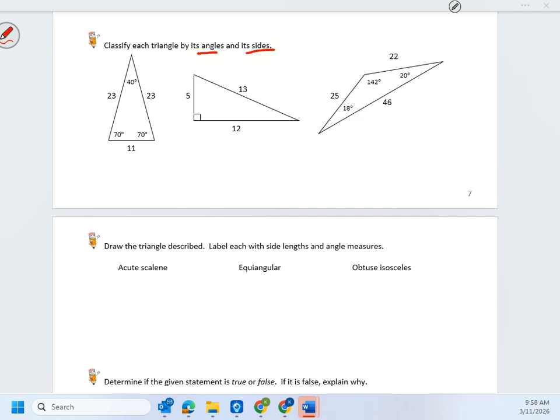So look at those angle names, those 4 angle names. They're all acute angles. Now I have to do its side name. Presley, what's its side name? Isosceles. Because all the angles are smaller than 90, I know it's acute. And because 2 sides are the same, I know it is isosceles.